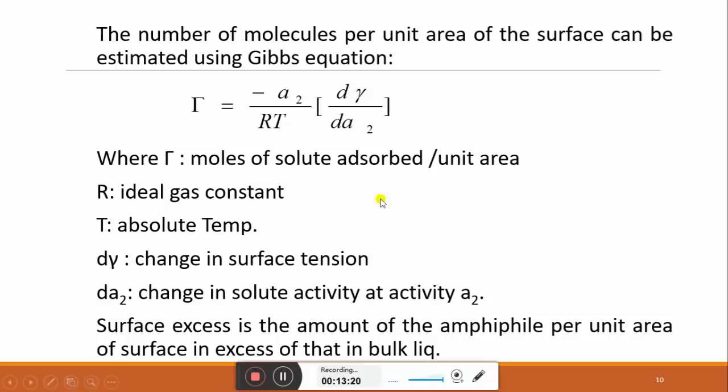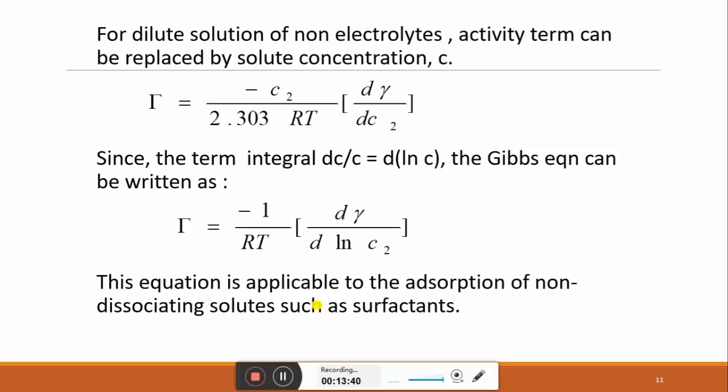So what is this solute activity coefficient? The solute activity coefficient is used when the substance has a tendency to dissociate, and when solutions are concentrated, in place of concentration we generally use the activity coefficient. Next, for a dilute solution of a non-electrolyte, the activity term is replaced by solute concentration.